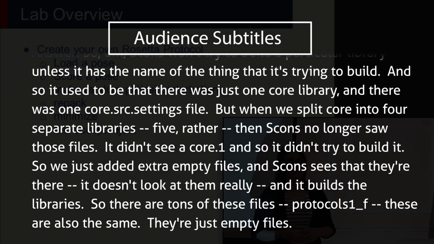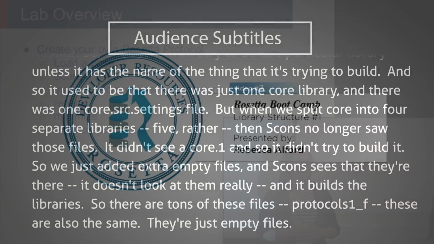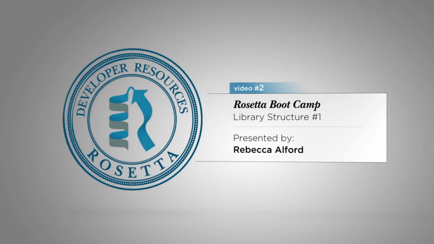So we just added extra empty files, and Scons sees that they're there, doesn't look at them or really do anything with them, and then it builds. There are also tons of these in the protocols directory, and they're also the same. They're just empty files.